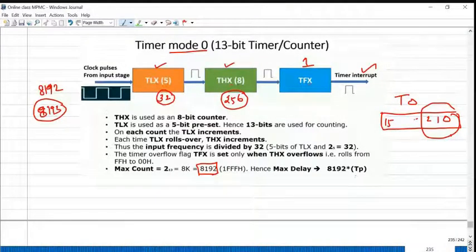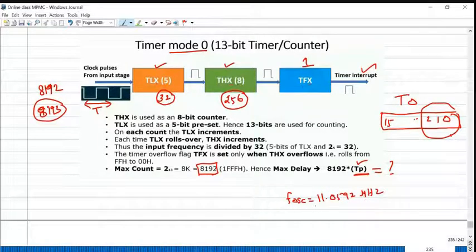Depending on the time period of this clock pulse, that much time delay we will get. We have to calculate this from the given problem, or assume our oscillator frequency is 11.0592 megahertz divided by 12, which goes to the timer input.